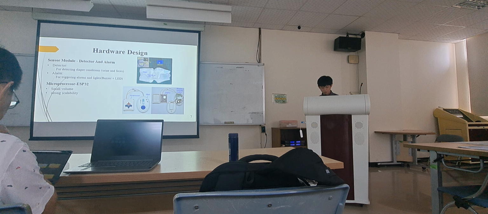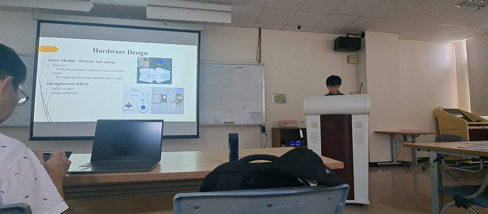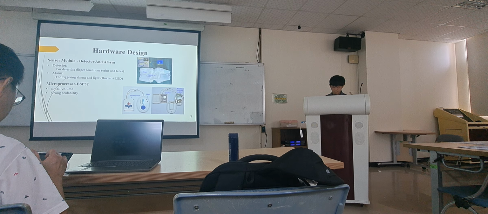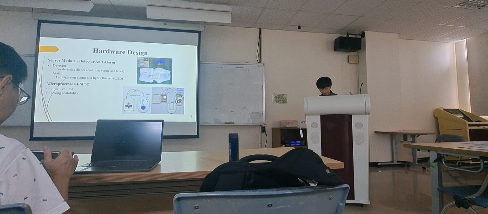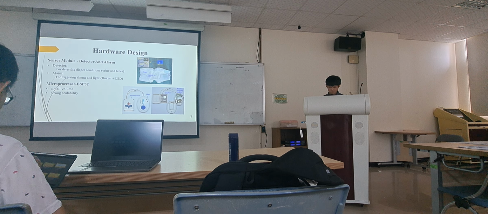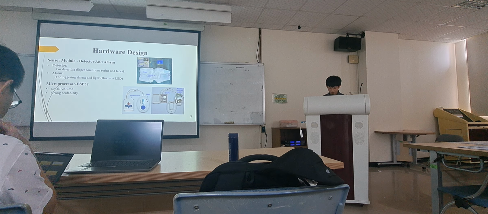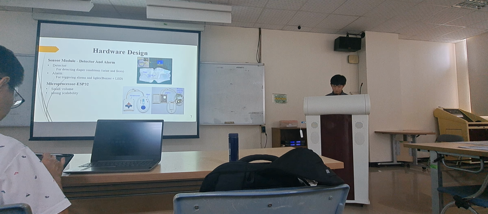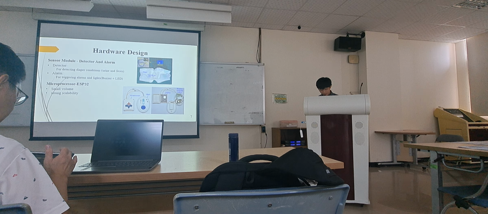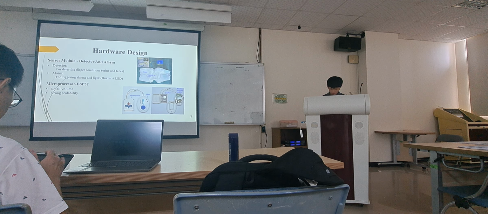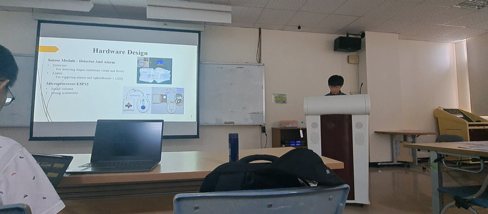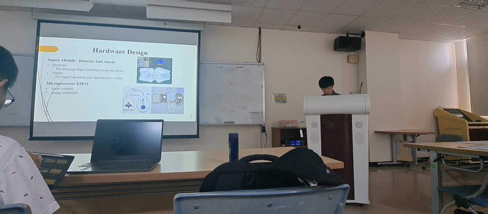For the hardware, we use an ESP32 microprocessor due to its small size and strong stability. The sensor modules include a detector and a lens. The detector identifies the diaper conditions, whilst the lens checks the status and LED alerts.